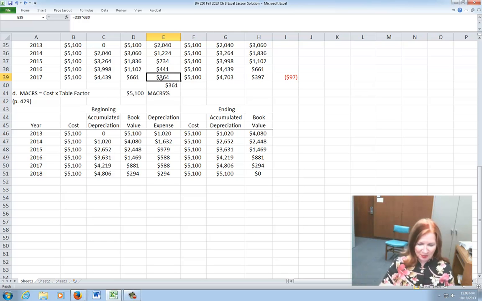So since I know it's supposed to be 361, I can put that in there. But what I want is this number to come out to 300. Here I got the 361 by saying E39, which is this, minus. So I'm going to eliminate that formula. I'm going to take this and pull it up. And the reason it doesn't like this is it hasn't calculated this number yet.